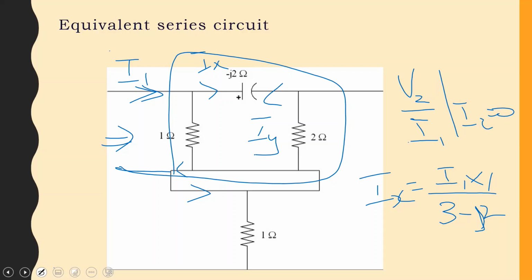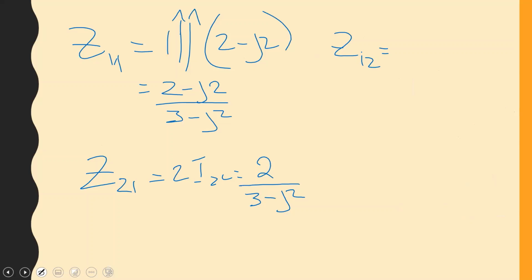Same current divider. So 2I2 over 2 plus 1 minus J2, which is 3 minus J2. I want to multiply that by 1, we get the same thing, right? So it means that Z12 is also equal to 2 over 3 minus J2.